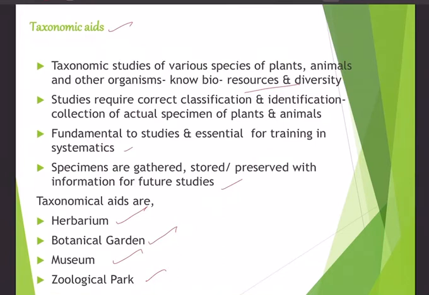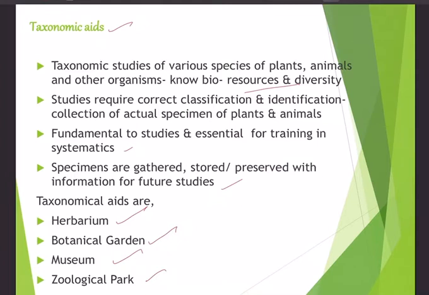I have said yesterday that you can do this individually. You can pick up a notebook and collect varieties of leaves, and put each leaf in between two pages of the notebook and keep some weight on that.